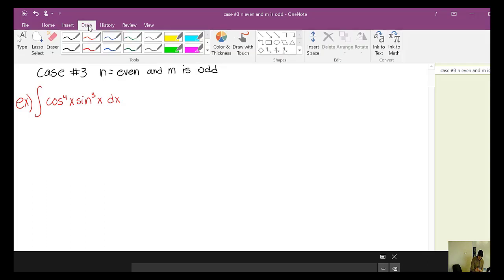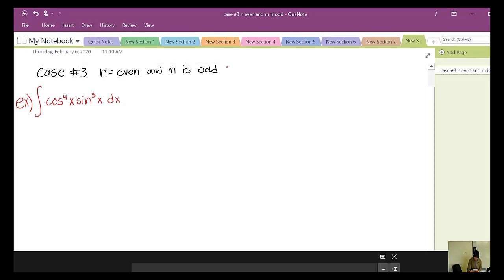To solve this one, we're going to use u sub, with u always equal to the trig function to the even power.